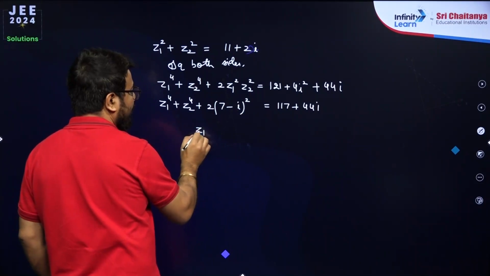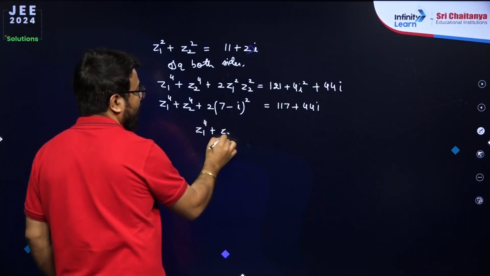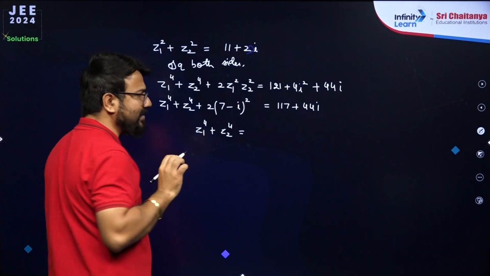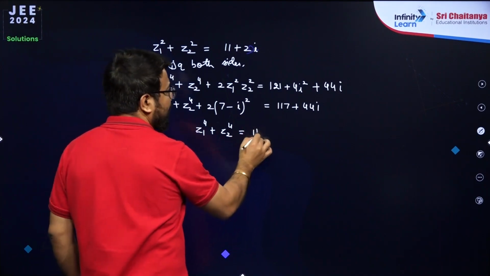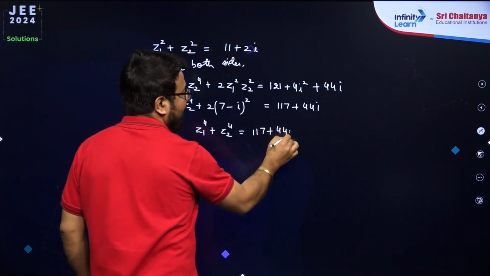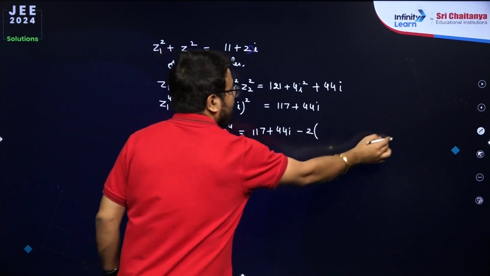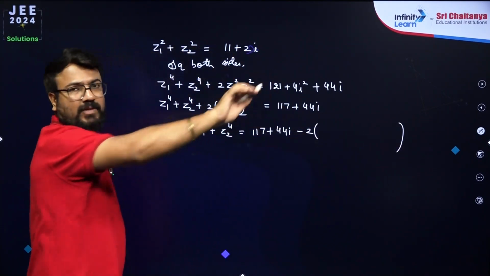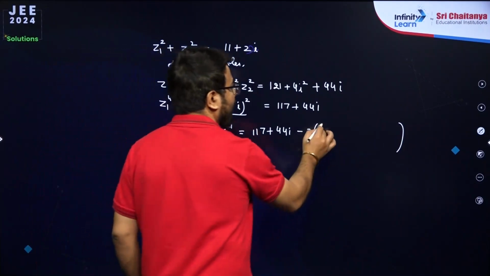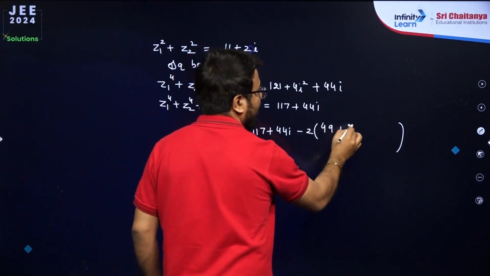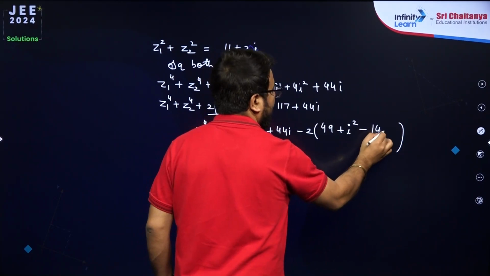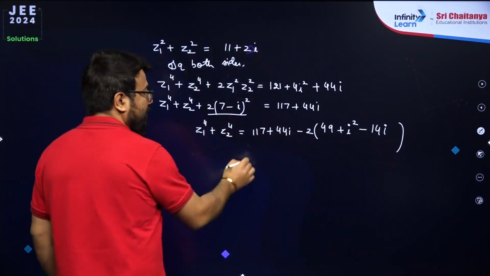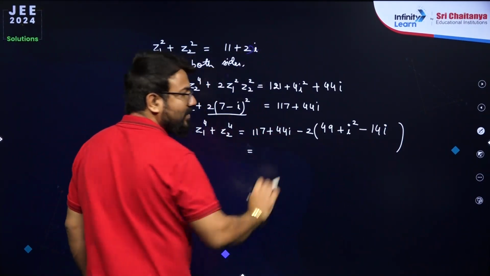In this way, my dear students, z1 raised to the power 4 plus z2 raised to the power 4 can be evaluated very easily. How? 117 and 44i I am writing as it is, and this complete expression is taken to the right hand side. So a minus b whole square will be a square, then b square, then 2ab. I hope you understood this. So this i square is minus 1.